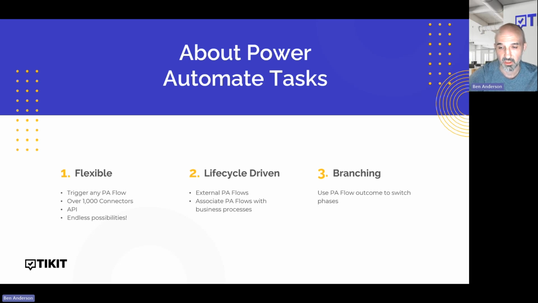We can then tell Tikit to do different things, to jump around to different phases, to transition in lots of different ways depending on the life cycle, and really add some resiliency in there to have the outcome we want. So know that. Next, requirements.